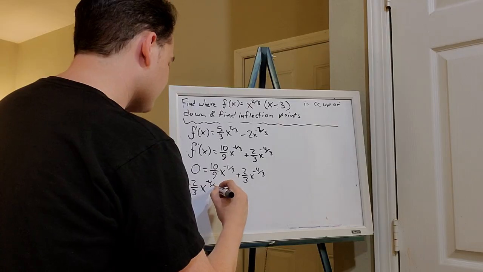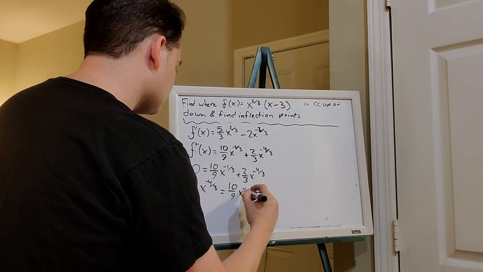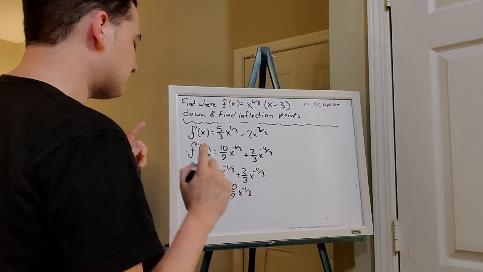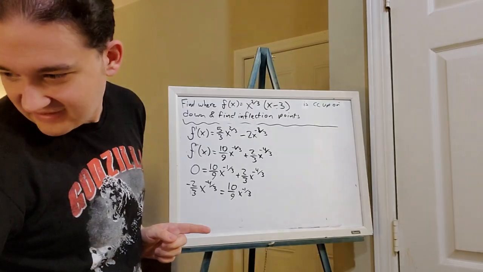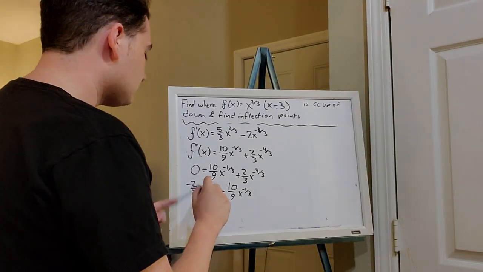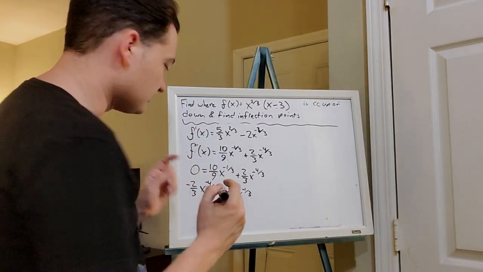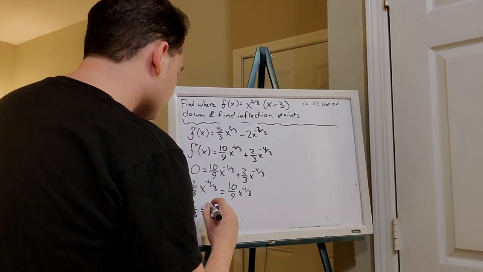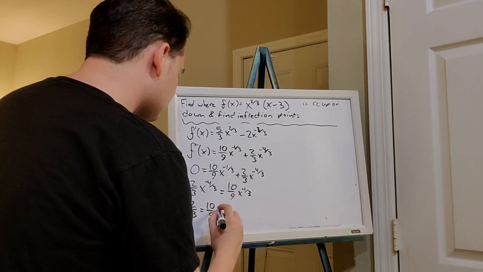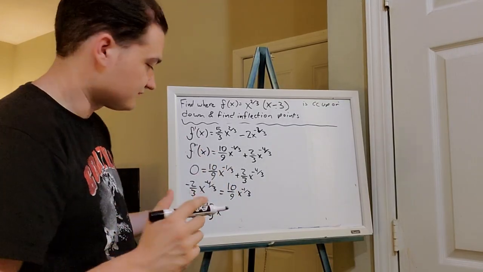If we multiply both sides by x to the 4/3, we get negative 2/3 equals 10/9 times x.